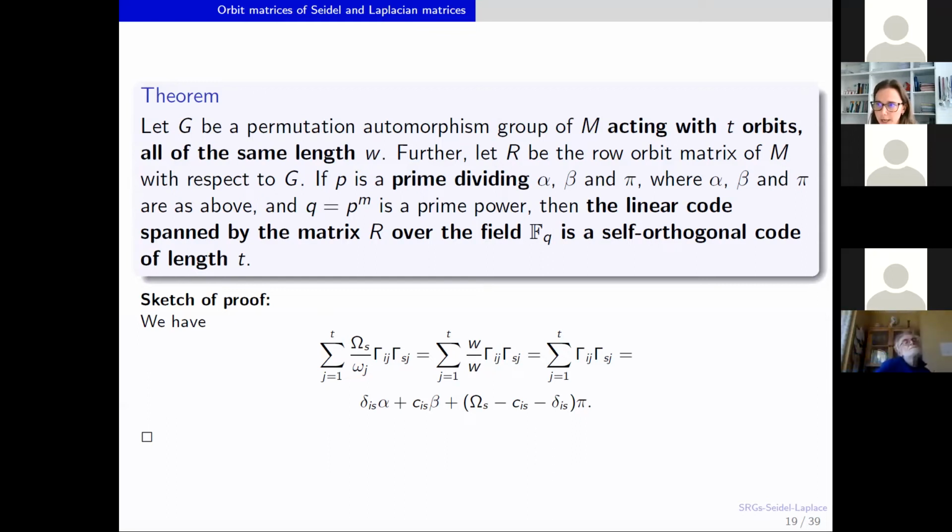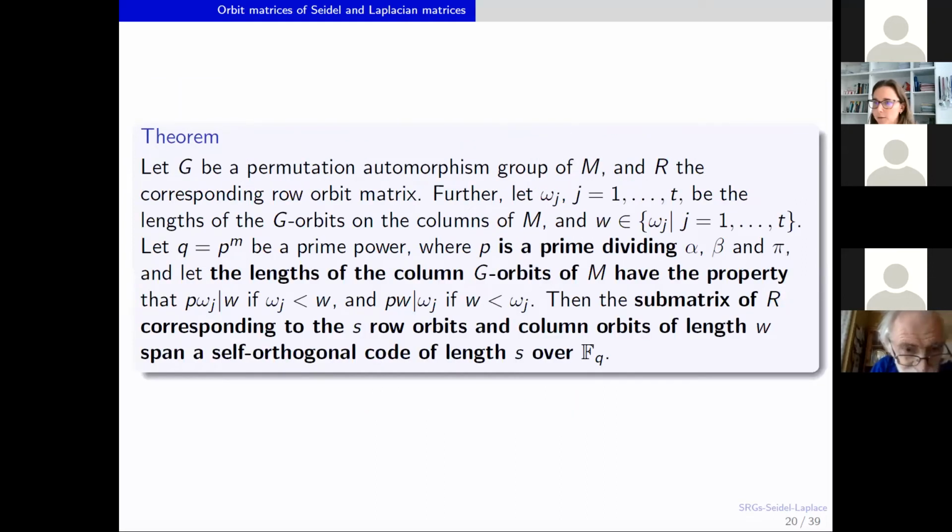Okay, so this is the case when the permutation automorphism group acts with T orbits all of the same length. But this does not have to be the case. You can also have the case when G is a permutation automorphism group of Seidel, Laplacian and signless Laplacian matrices, and this group does not have to act in a way that produces orbits of the same length.